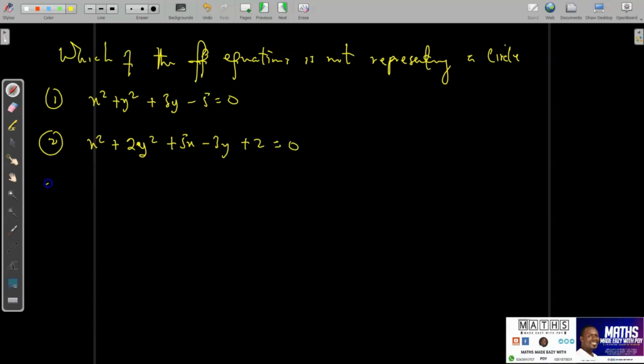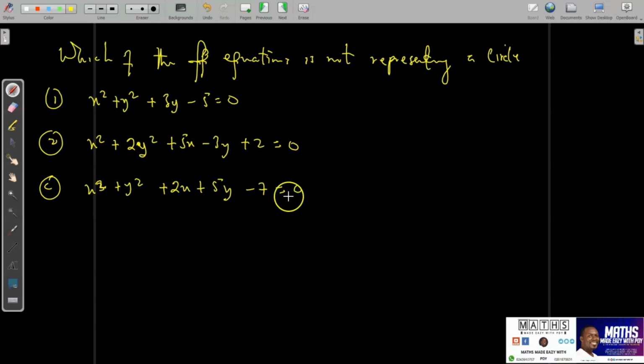Then the last one, C, I have it as x cubed plus y squared plus 2x plus 5y minus 7 equal to 0.